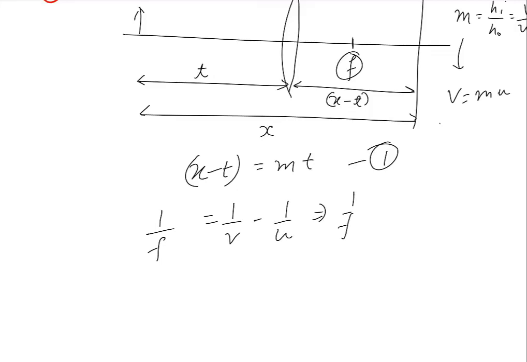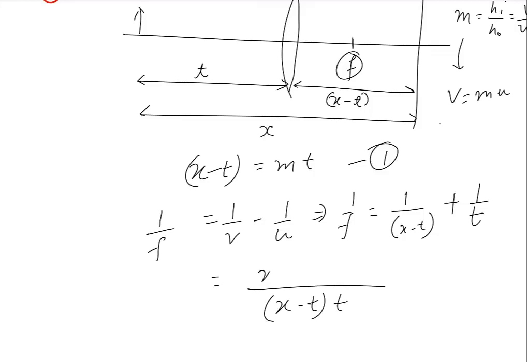So 1 by f equals 1 by v, which is equal to 1 over x minus t minus of minus 1 over t, which is nothing but plus of 1 over t. And if you add them, you'll get x minus t plus t over x minus t into t, and this will be x over x minus t into t.